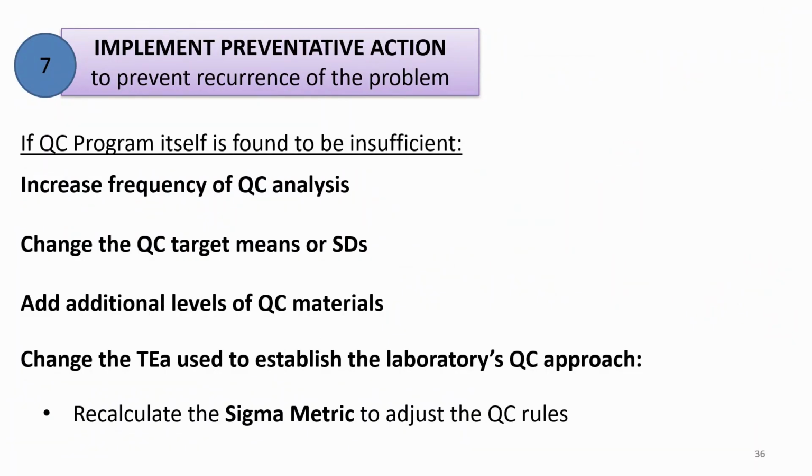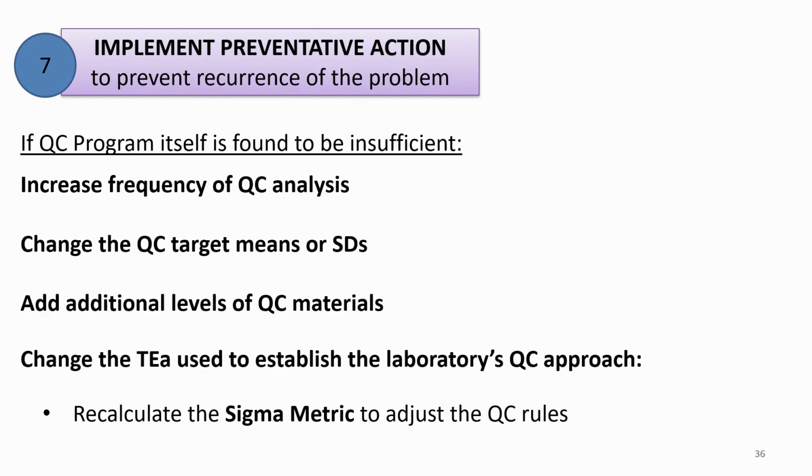The last step of the process for recovery from an out-of-control condition or PT failure is to implement preventative action. Frequently, part of the preventative action is to redesign your QC program to identify the out-of-control condition more quickly, or if you're not getting the appropriate alerts, to get the QC alert when you have an out-of-control condition. To redesign the QC program, you can increase frequency of QC analysis.